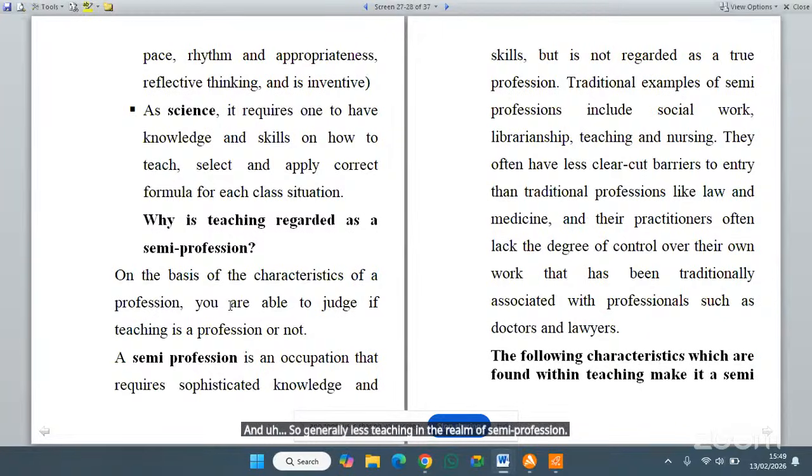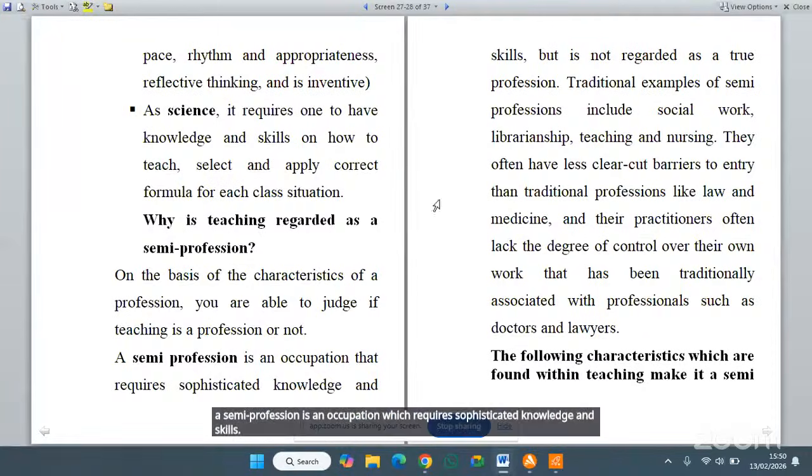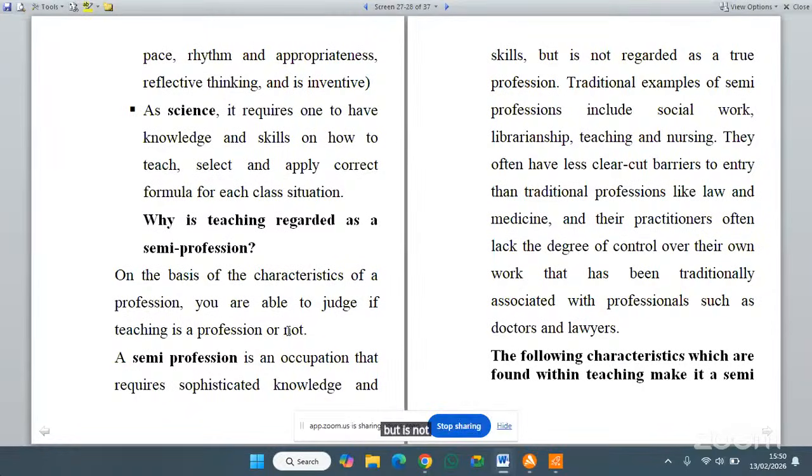On the basis of the characteristics of a profession, you can judge if teaching is a profession or not. A semi-profession is an occupation which requires sophisticated knowledge and skills, but is not regarded as a true profession.